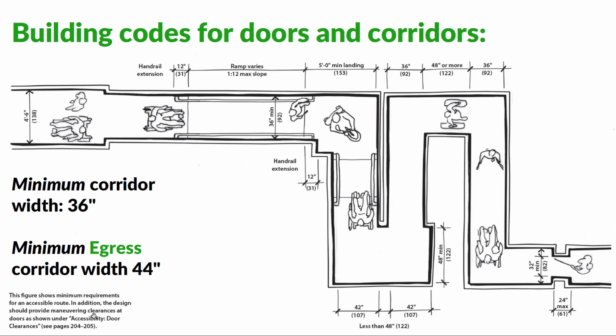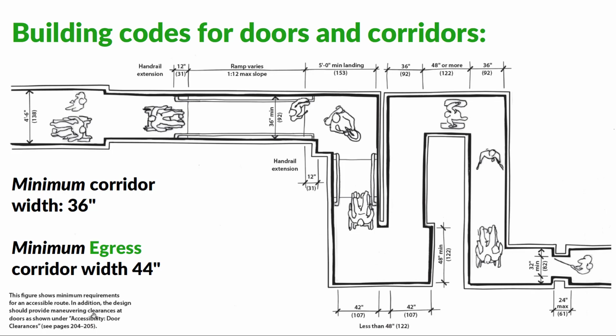If we're thinking about an egress corridor, that means one for exiting the building, required to get out of the building if there's a fire or something like that, that is a corridor width of 44 inches at a minimum. They can, of course, be wider, but that's the minimum. So a standard corridor within a space, 36 is the minimum. And an egress, one that we need to get out of the building, needs to be 44 inches.